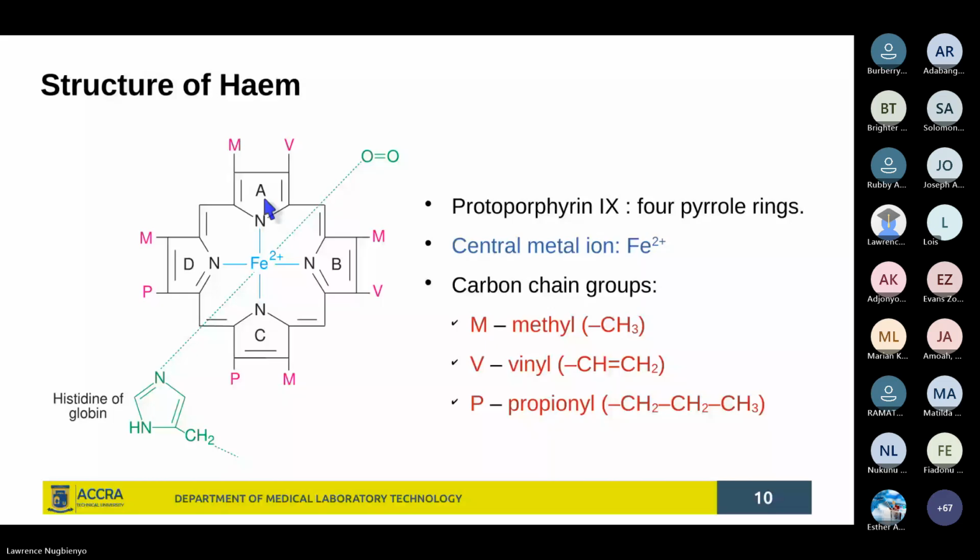So the hemoglobin molecule, I said, is mainly made of porphyrin rings. The porphyrin is made up of 4 pyrroles.